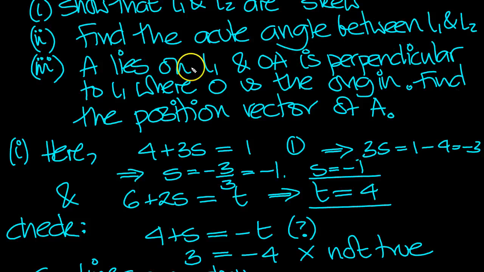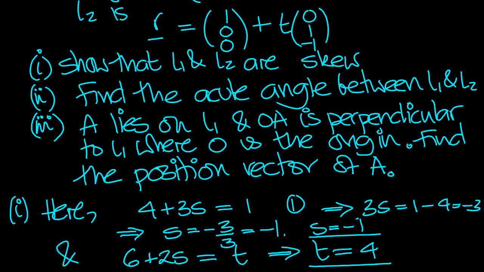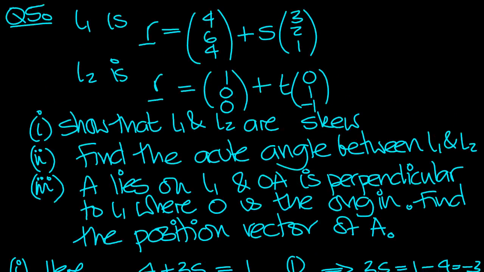Part 3: A lies on L1 and OA is perpendicular to L1. So the coordinates of A lie on L1.